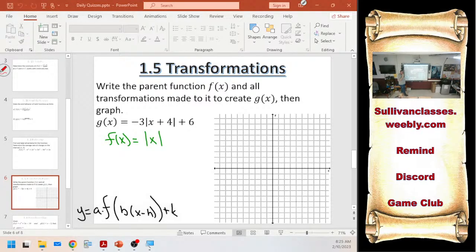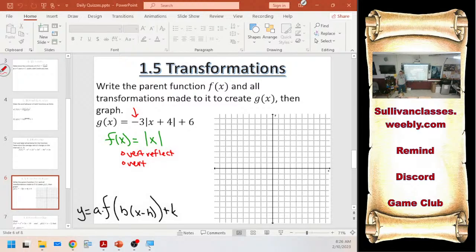A couple of kids whip their heads at their paper like, oh no, did I write 3? Did you fall into the trap? This has 2 different transformations. They're just both in the A spot. We have a vertical reflection or reflection in the x-axis. We have a vertical stretch or compression.